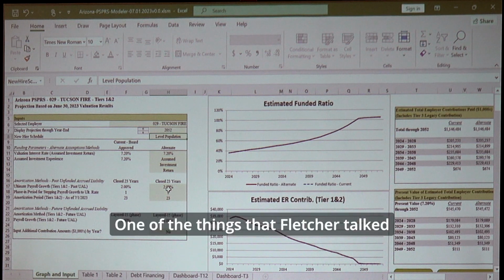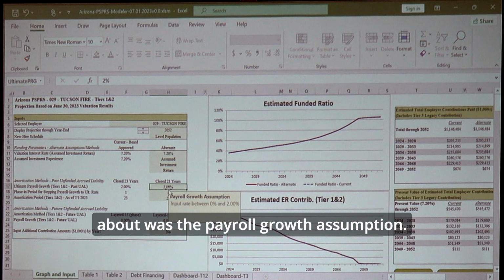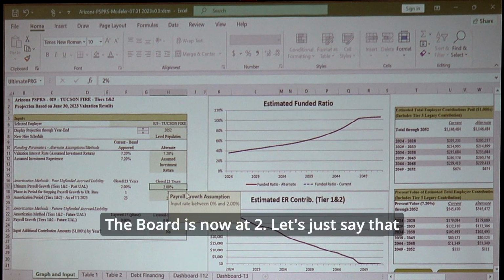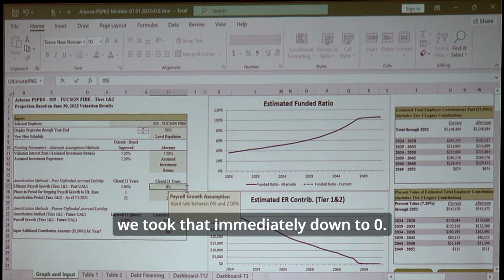One of the things that Fletcher talked about was the payroll growth assumption. The board is now at 2. Let's just say that we took that immediately down to 0.